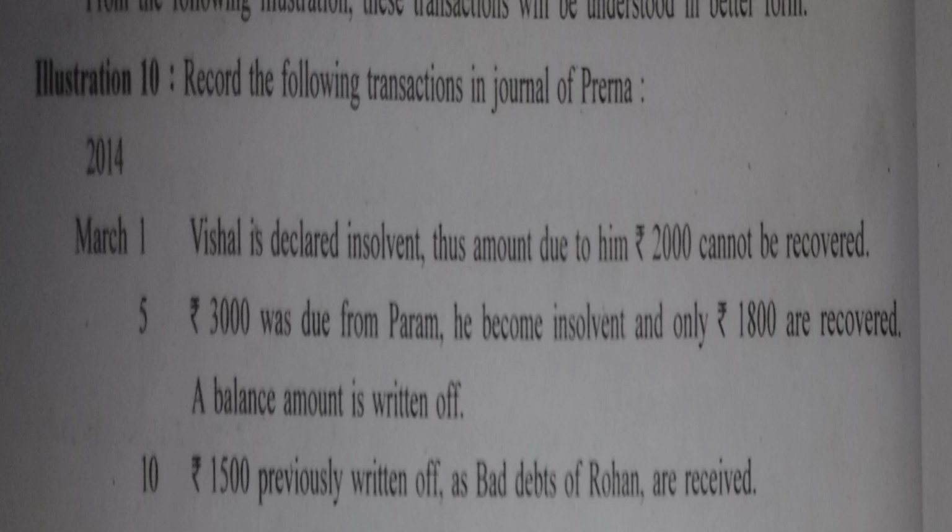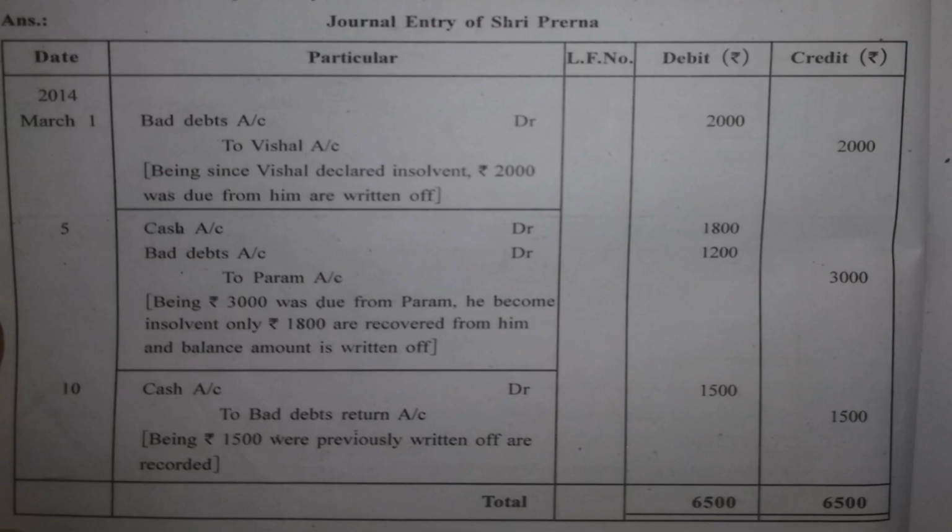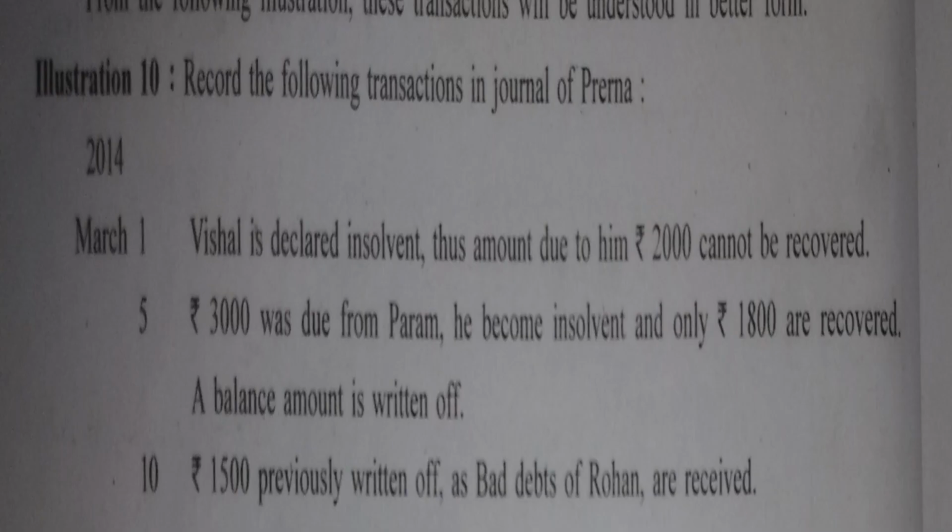I said in the very beginning of this illustration, while giving the introduction about bad debts and bad debts recovered, that whenever a previously written off amount is recovered, it is considered an income and is termed bad debts recovered. So the journal entry for this: 1500 is received, which was written off as bad debts previously.